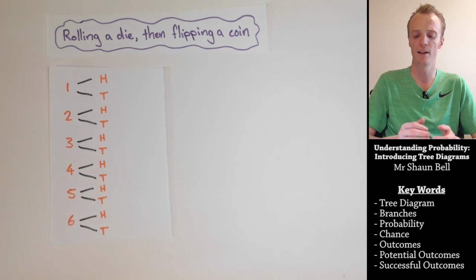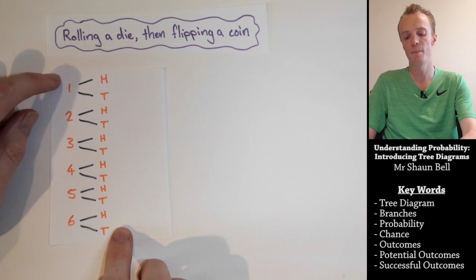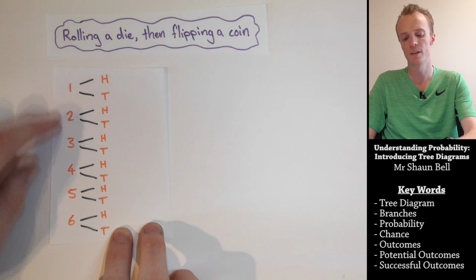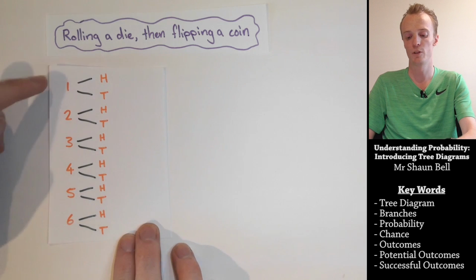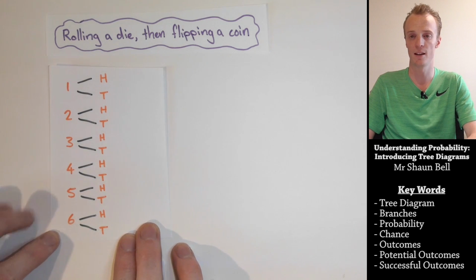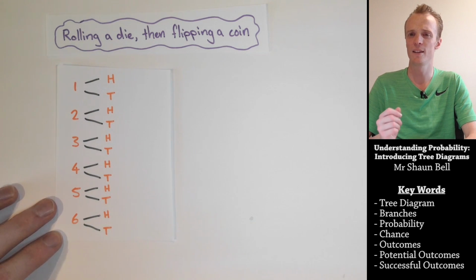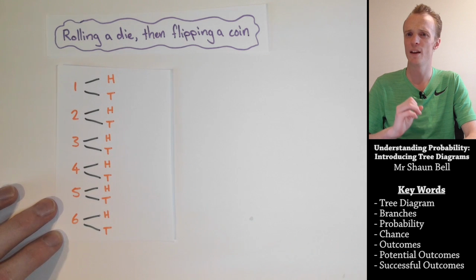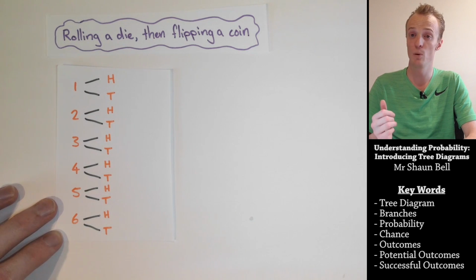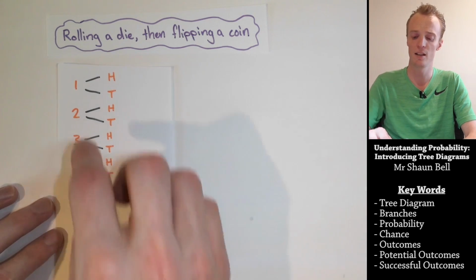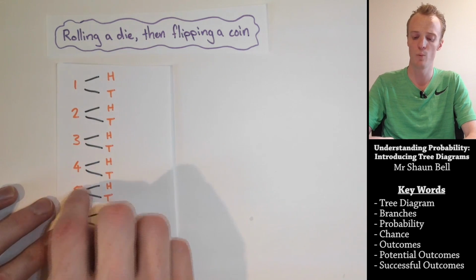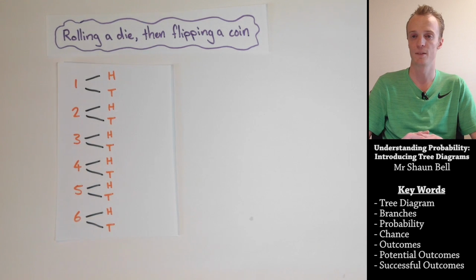I've already completed a tree diagram where I began by listing all the outcomes that I could get from rolling the die the first time, which would be 1 through to 6. Then I considered, if I rolled a 1 on that first try and flipped a coin, the potential outcomes would either be a heads or a tails. And I continued to do this for each one of the first outcomes.